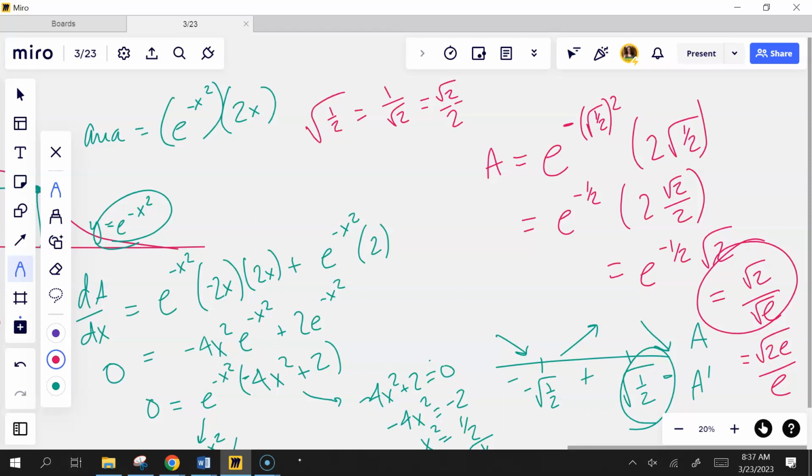Right. And then plug it back in to find the max area, because that's only telling you where it occurs, not what it is when it occurs. Yes.